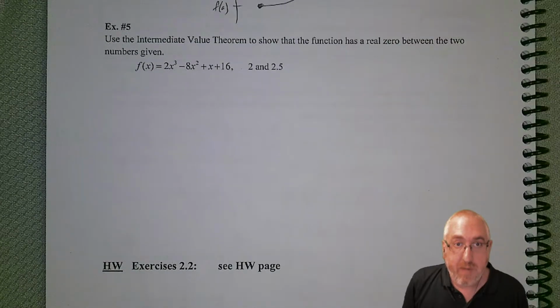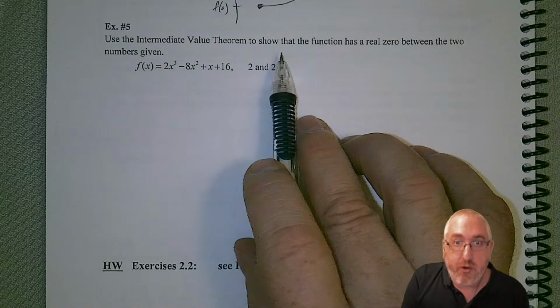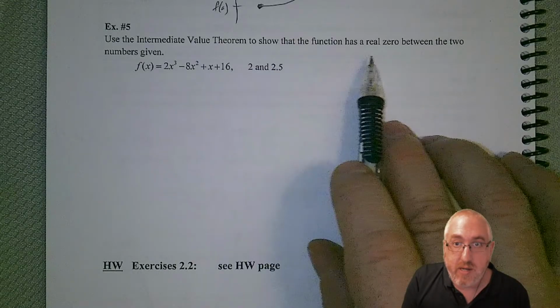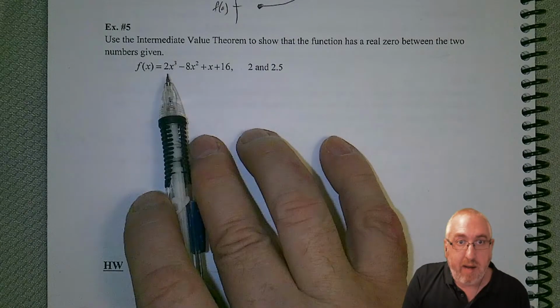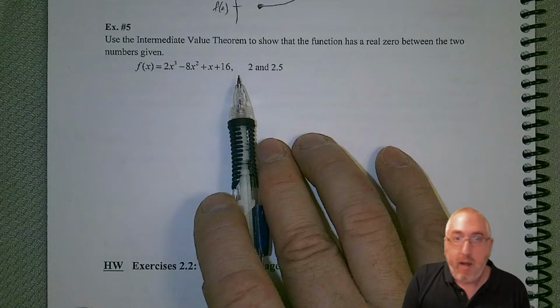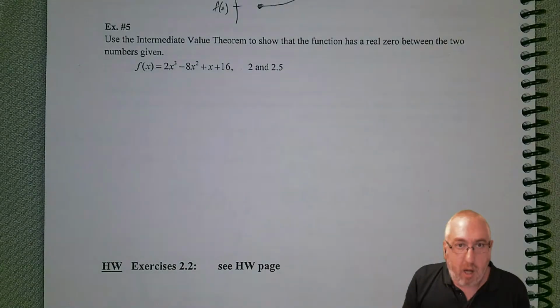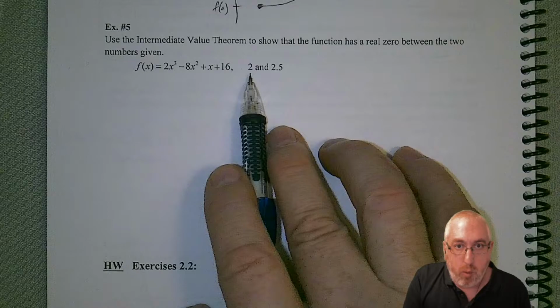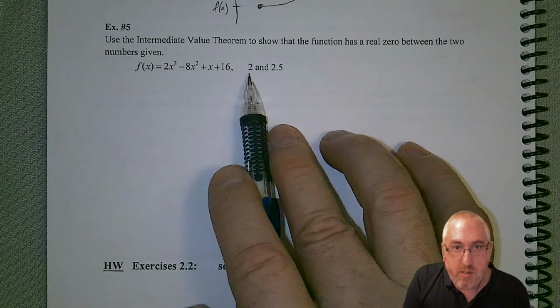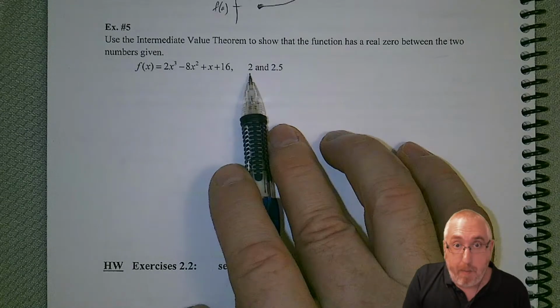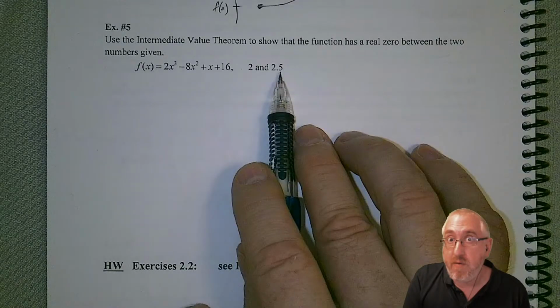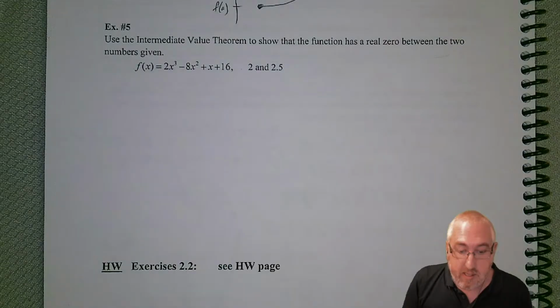So let's use the intermediate value theorem to show that the function has a real 0 between the two numbers given. So we have this polynomial function. Now we could go through and try to solve it and see what that 0 is, but they're claiming one of them at least happens between 2 and 2.5. Well, let's see.